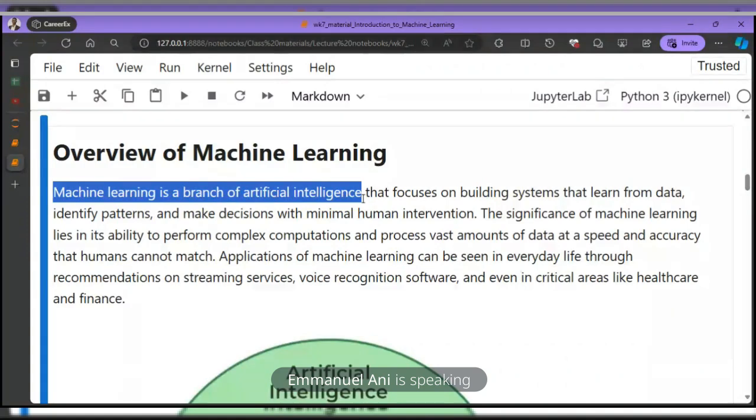So the traditional means of programming is usually that we give our computer instructions: this is what you are going to do. You use if statements and all of that. For example, if you want to teach your computer to recognize the image of a cat, traditionally without machine learning, you will have to start hard coding all the features of a cat.